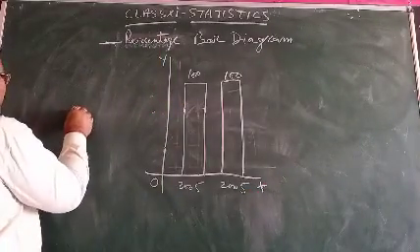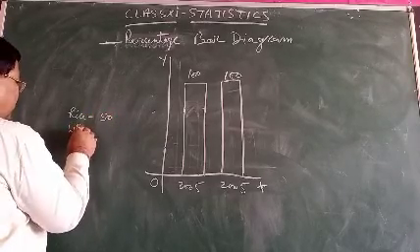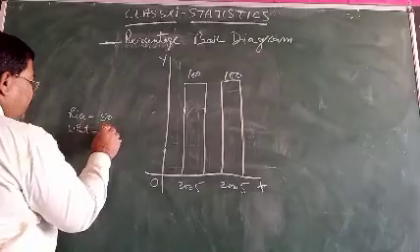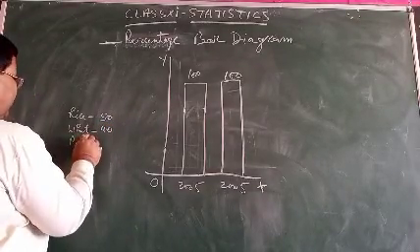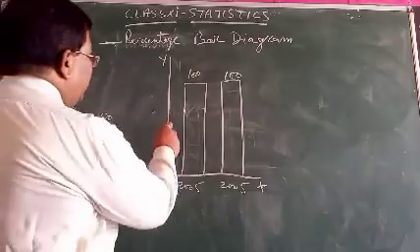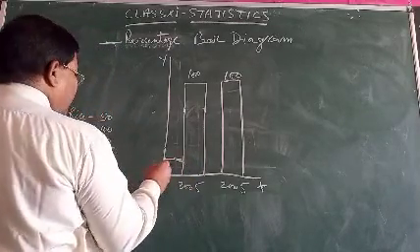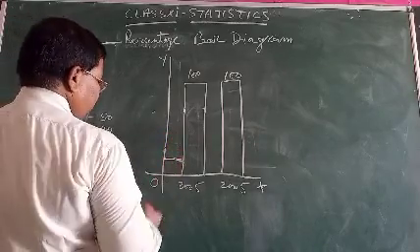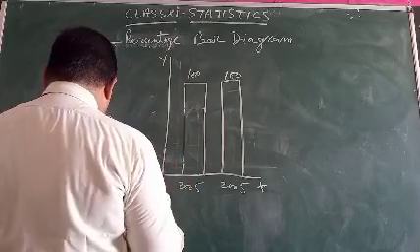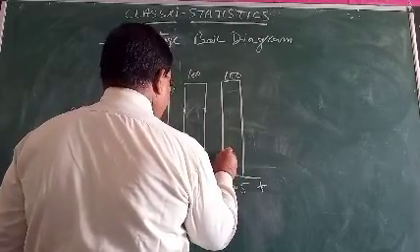Say rice production is 50%, wheat production is 40% and pulse production is 10%, total 100%. 10% is this, and 40% is this.